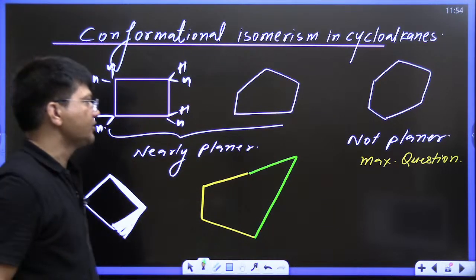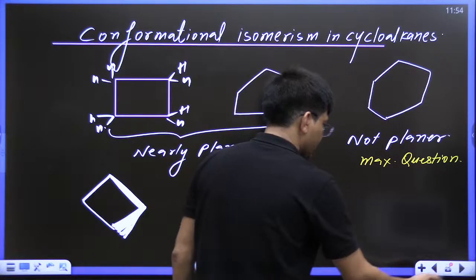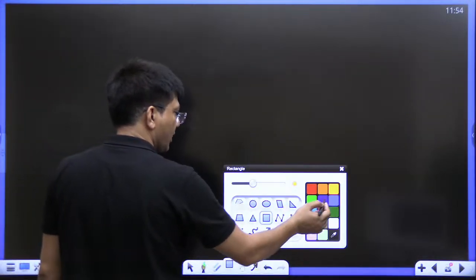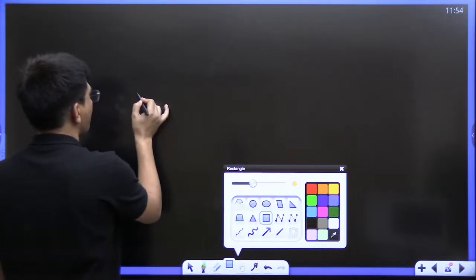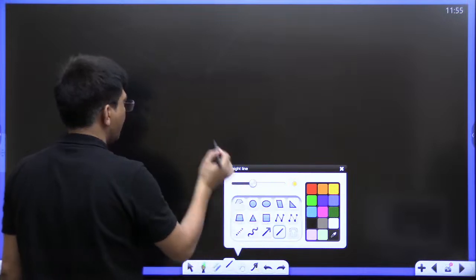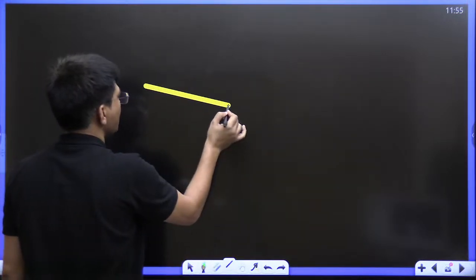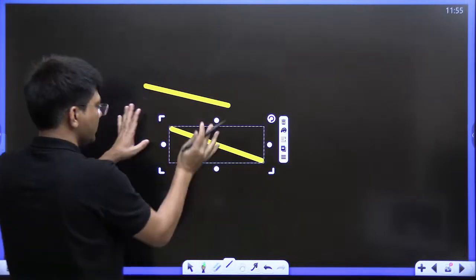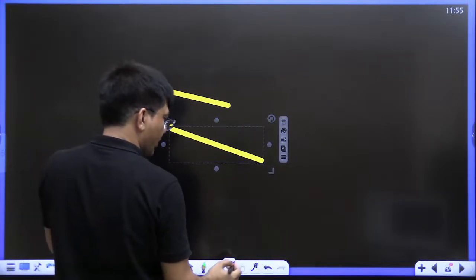And cyclohexane, let me tell you cyclohexane on the next page. Just try to understand cyclohexane, kids. If I draw one line like this, another line like this, right now this is planar, but just try to understand.